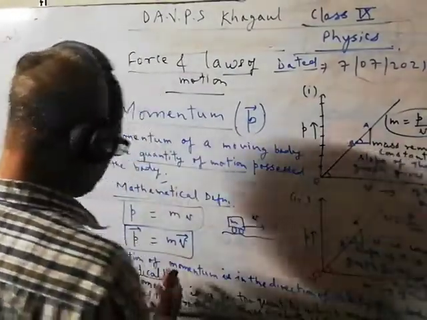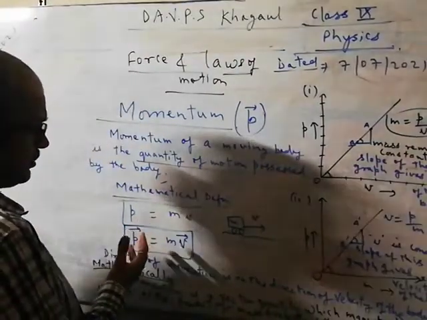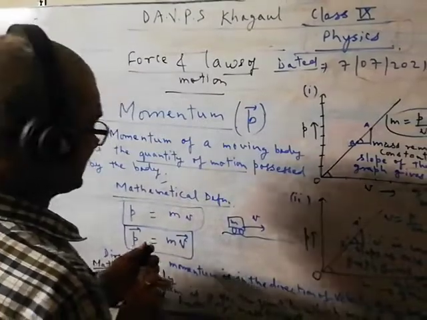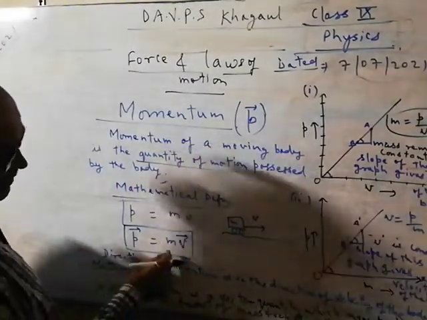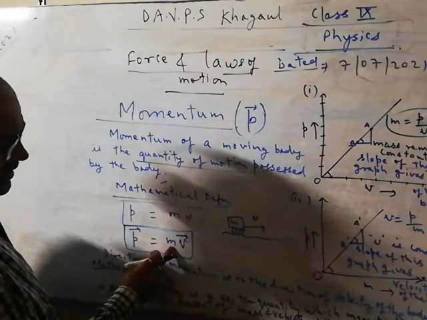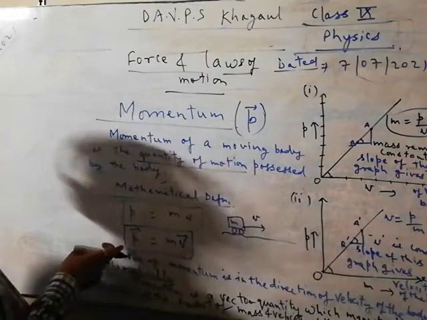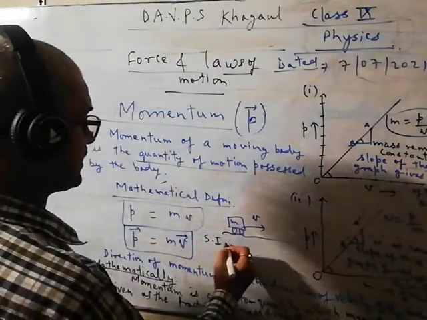So let us come to the SI unit. Let us try to know the SI unit of momentum. How do we get the SI unit of any physical quantity? If we put the SI units of the individual physical quantities, here mass and velocity, we can get the SI unit of momentum.